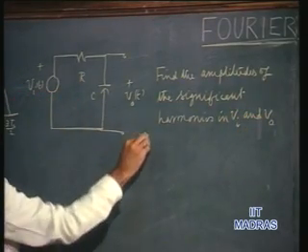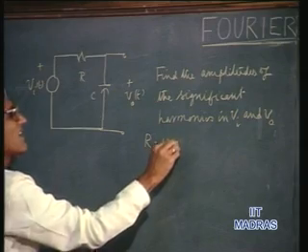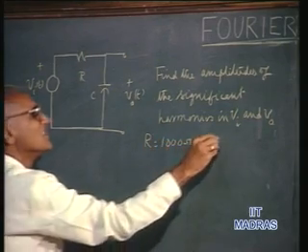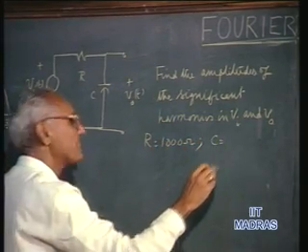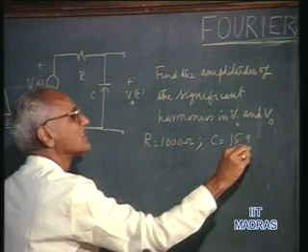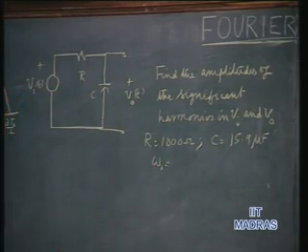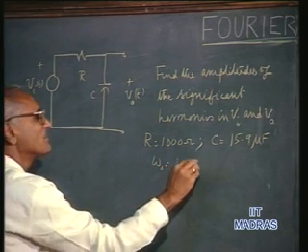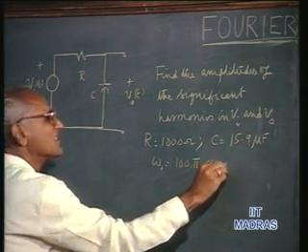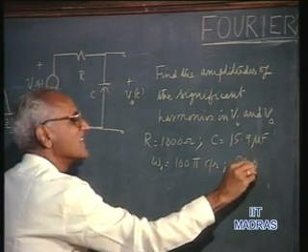The data that is given R, let us say, is 1000 ohms, C 15.9 microfarads, and omega naught corresponding to this period T naught is 100 pi radians per second, which means the fundamental frequency is 50 hertz.